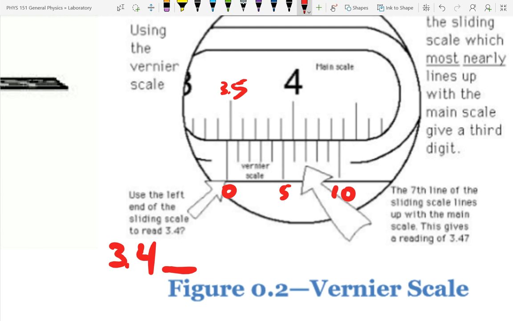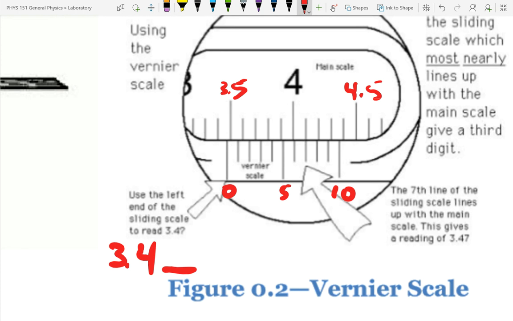But with the vernier caliper, you don't estimate at all. Because the vernier caliper has, going from 0 to 10, in the space up above, notice this was between 3.4 and 3.5. You go over 10, it's between 4.3 and 4.4.